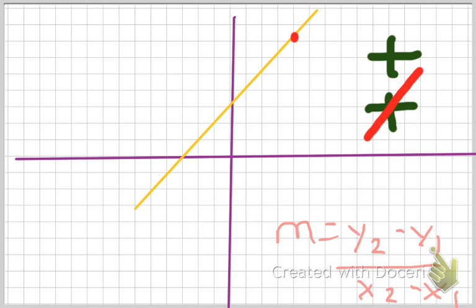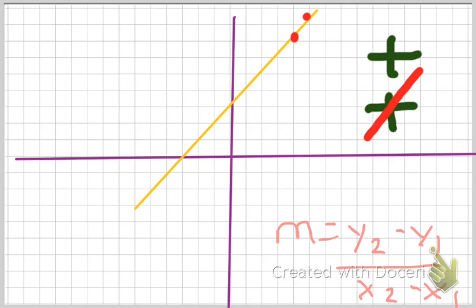Another spot that wouldn't be good is this one up here. You want to find a spot that crosses directly through the middle of the cross mark and is on the line.